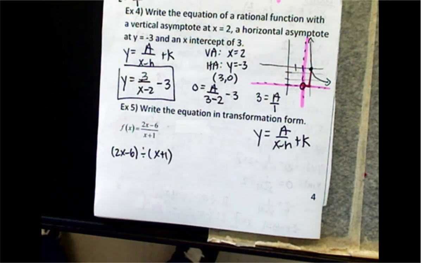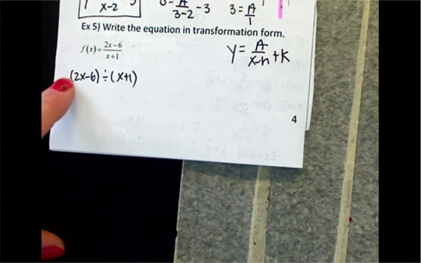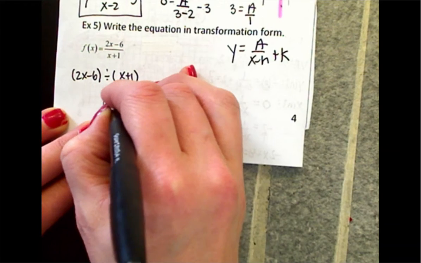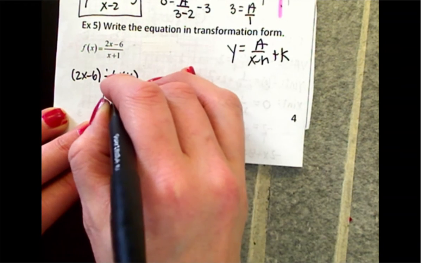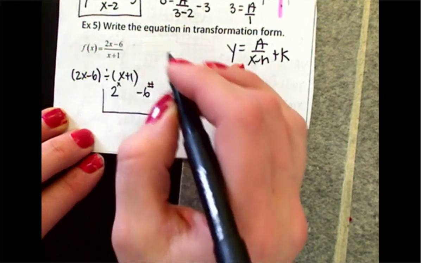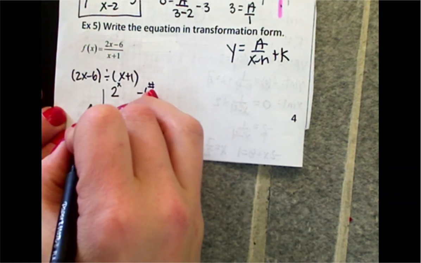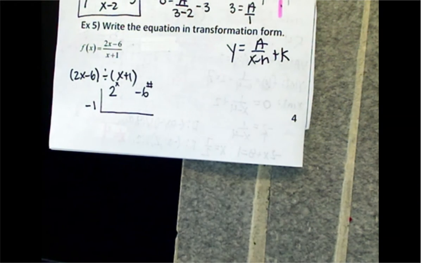Okay, so let's set up our synthetic division. Top divided by the bottom. Here we go. 2, negative 6. I'm just putting the little x up here to remind me where those coefficients are coming from. And negative 1 on the outside.